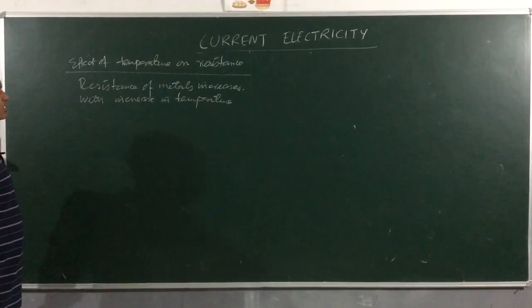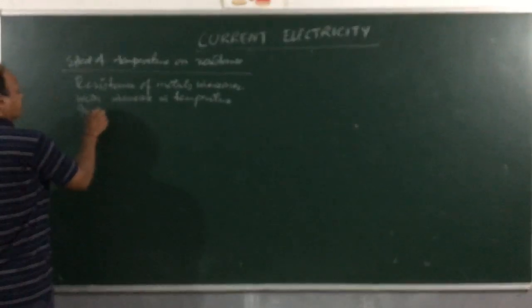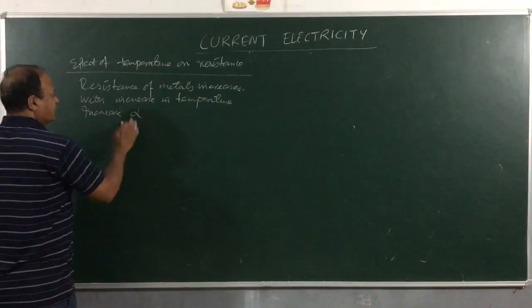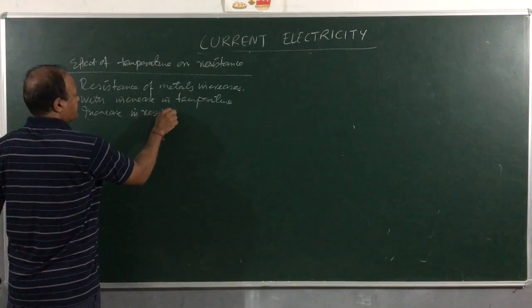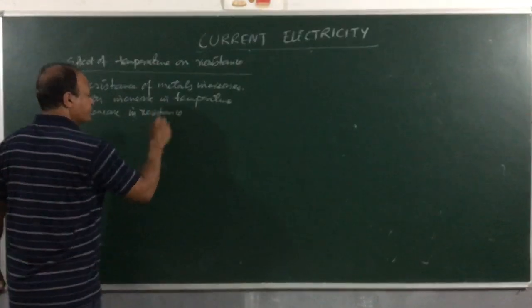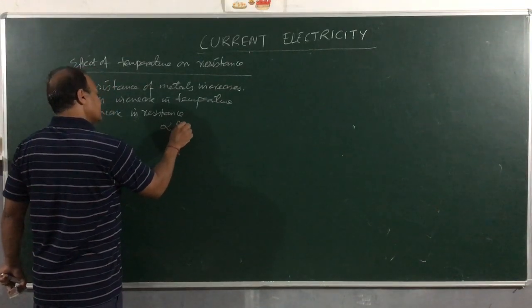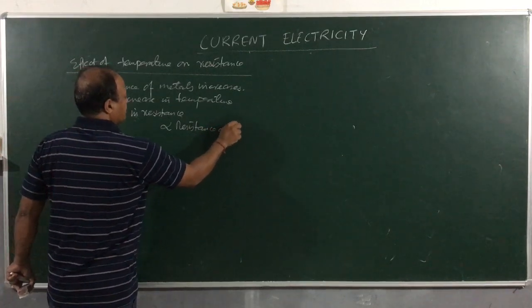So how it increases? Increase in resistance is directly proportional to resistance at 0 degree Celsius.